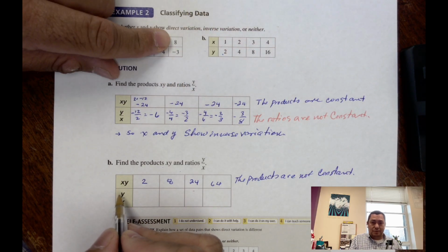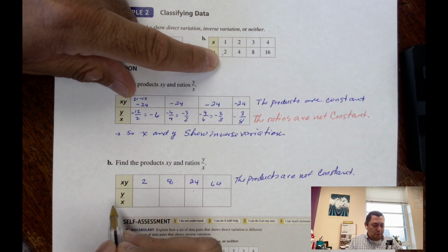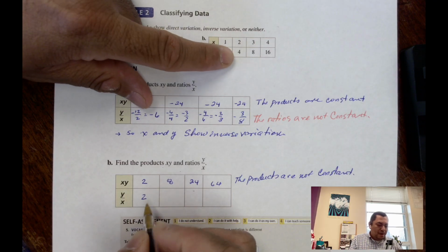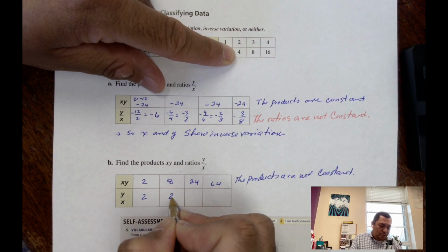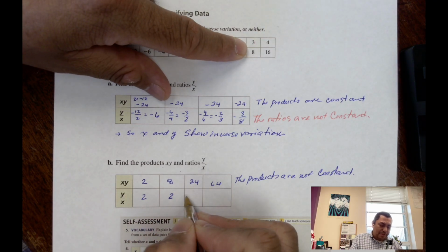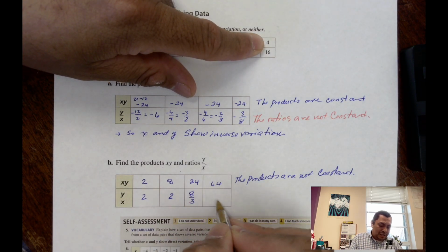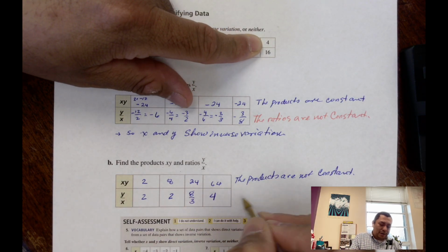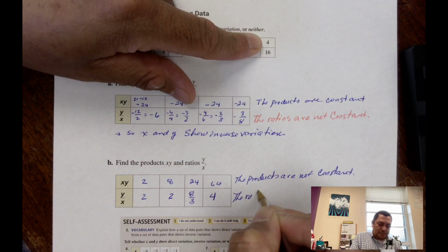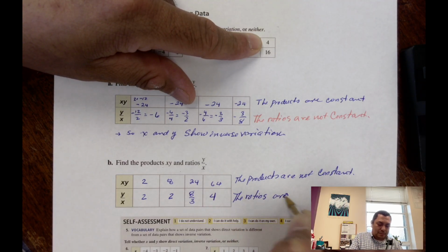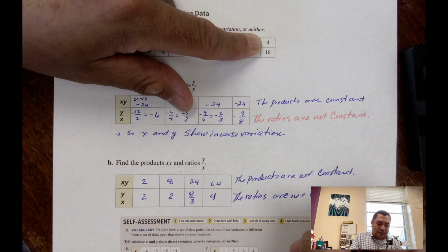Now let's do the ratios. So I have y over x. 2 divided by 1 is 2. 4 divided by 2 is 2. Then I have 8 divided by 3 is 8 over 3. And 16 divided by 4 is equal to 4. So the ratios are not constant.